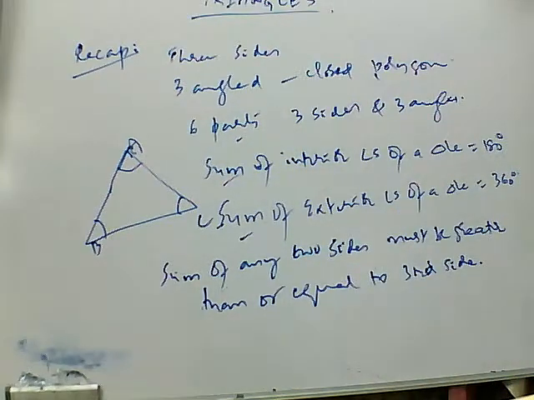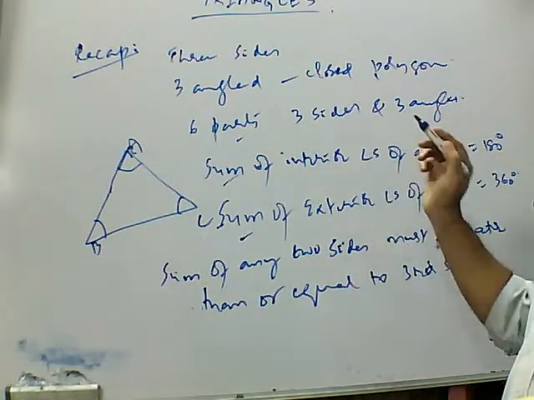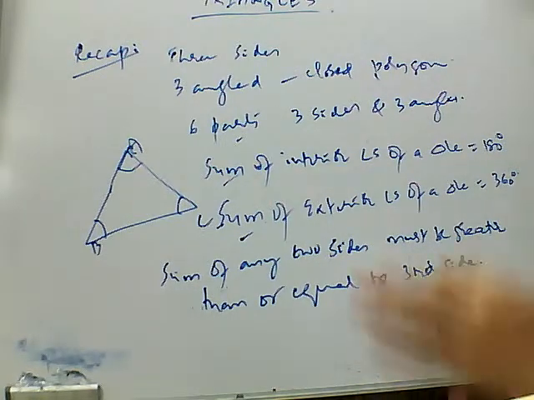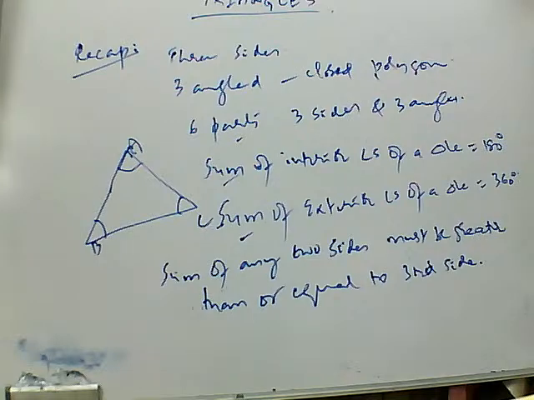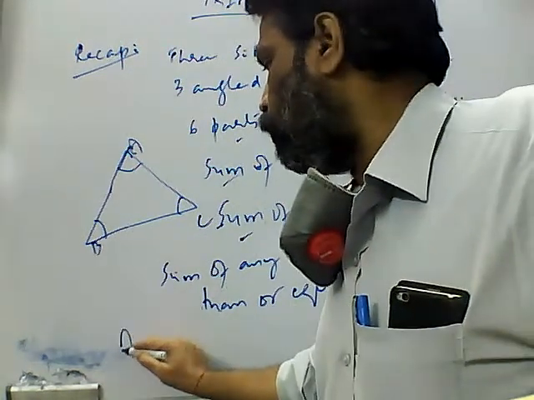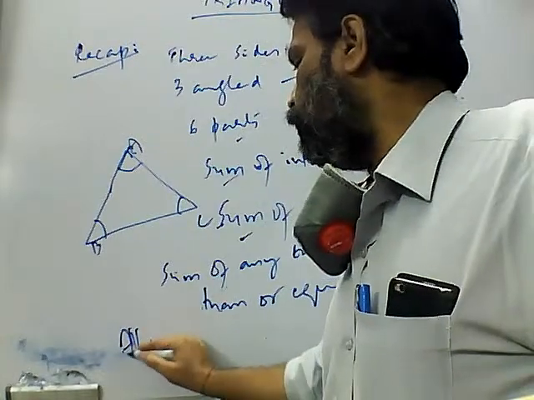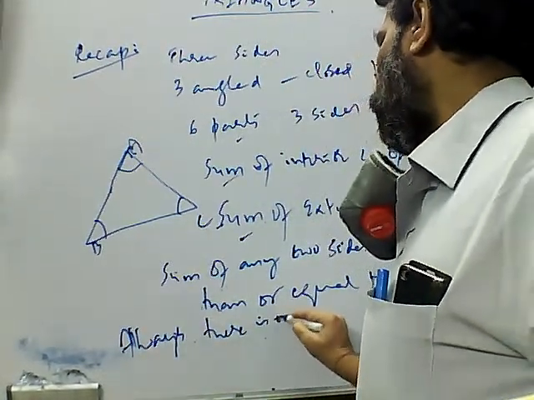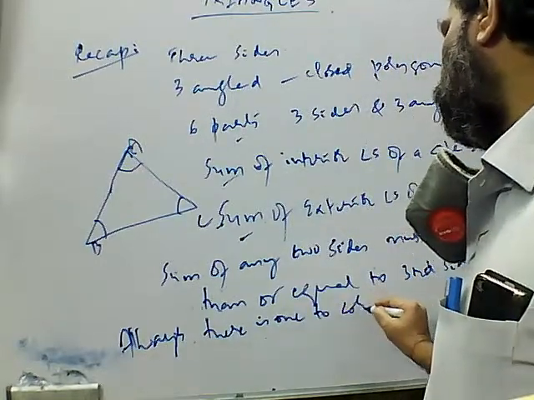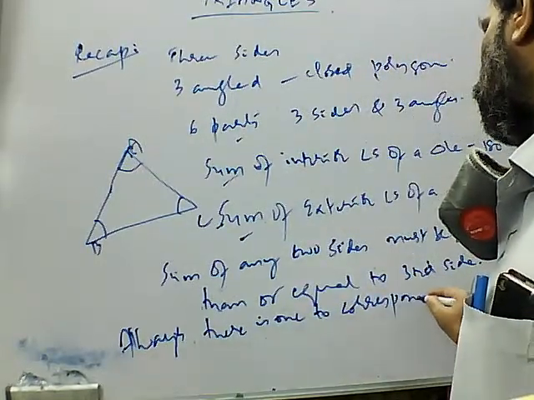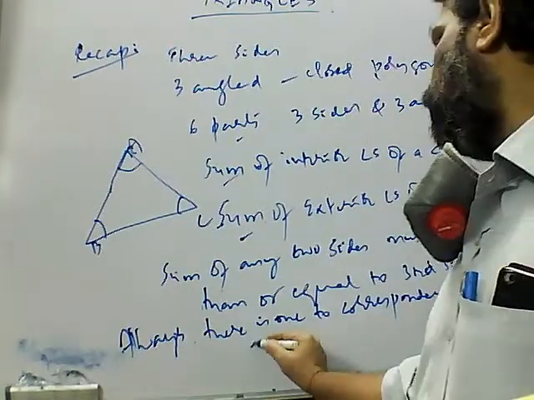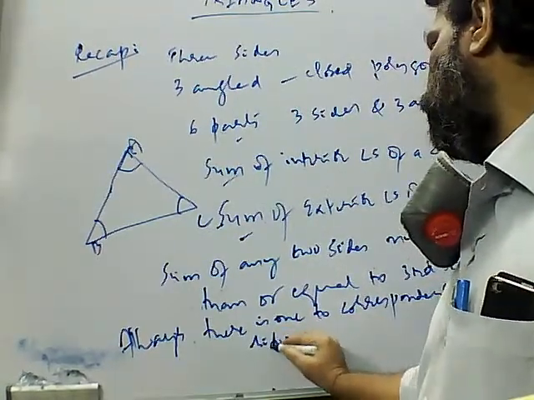You know this part. The parts of a triangle are nothing but 3 sides and 3 angles. Vertices don't come under parts because they are the edges, right? So 3 sides and 3 angles are parts of a triangle. Always there is a one-to-one correspondence between sides and opposite angles.